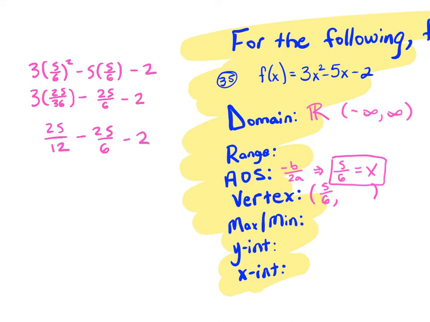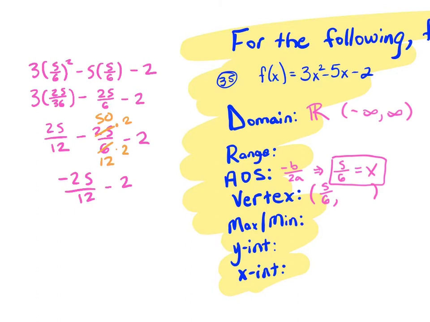To subtract our fractions here, we need a common denominator. So I'm going to multiply the second one, the top and the bottom, by 2. So this now is 50 over 12. And now we can combine our two fractions. So 25 minus 50 is negative 25 over 12 minus 2. I need to subtract the 2, so again, I need a common denominator.